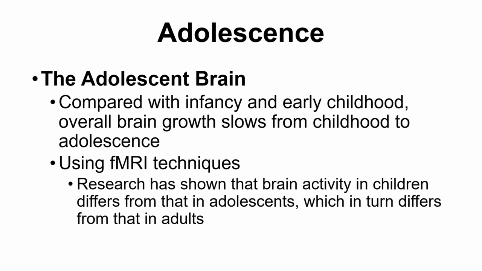In fact, if we look at functional MRI, looking at different parts of the brain, they'll find that children have their own distinct patterns, adolescents have their own distinct patterns, and adults have their own distinct patterns. Once again, our brains are not fully formed, not fully mature until at least our mid-20s. So there are definitely differences in terms of those connections.